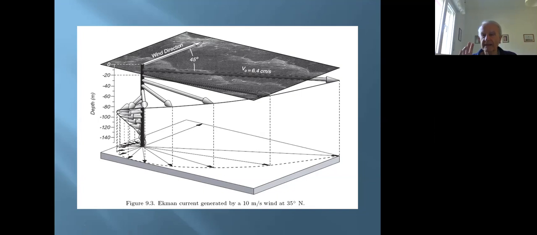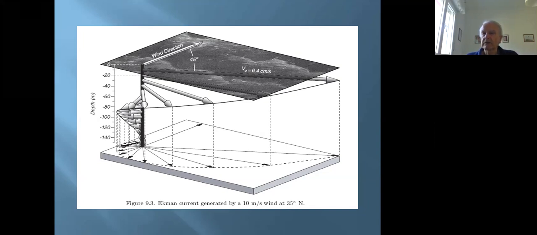So that's also another first-look paradox, where wind-induced currents are in the opposite direction, at a certain depth, with respect to the wind.